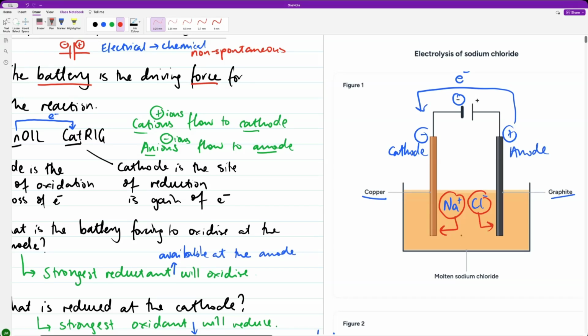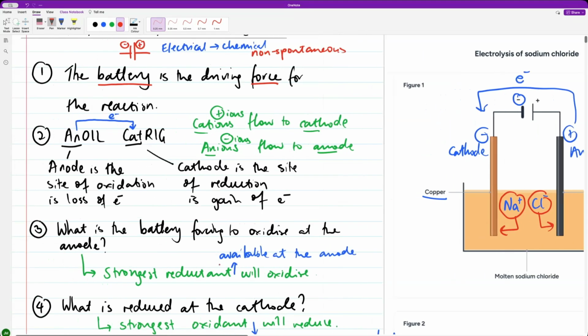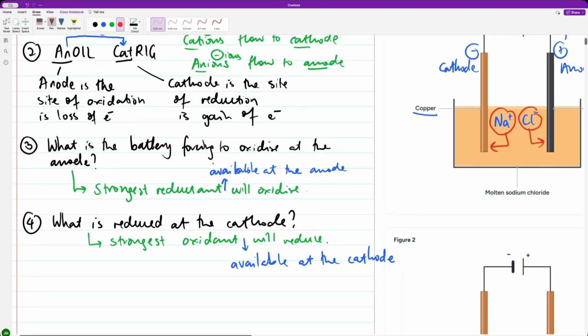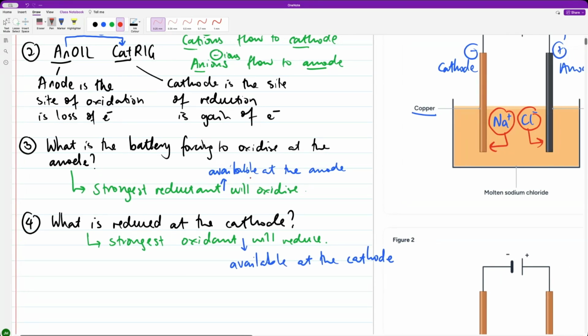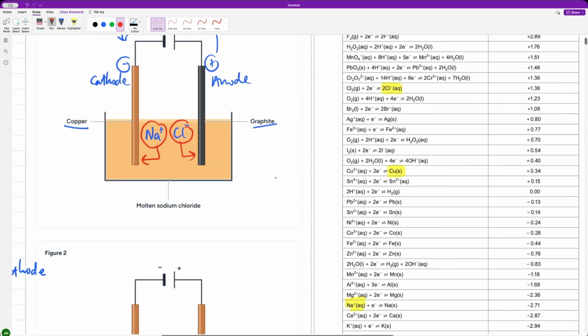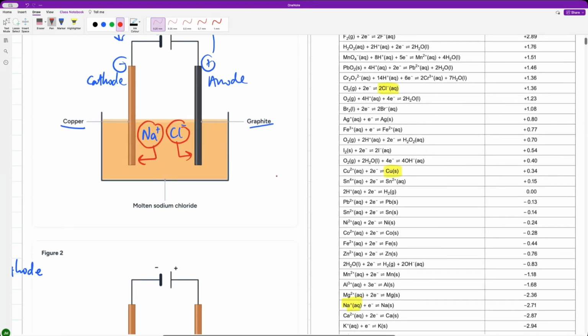Now what is going to react? We're going to figure out what the battery is forcing to oxidize, and we have to check if it's available at the anode. It's the strongest reductant that will oxidize at the anode. According to our electrochemical series, the strongest oxidant is the one furthest down on the right-hand side of these arrows.